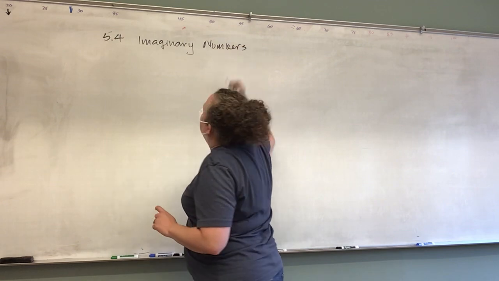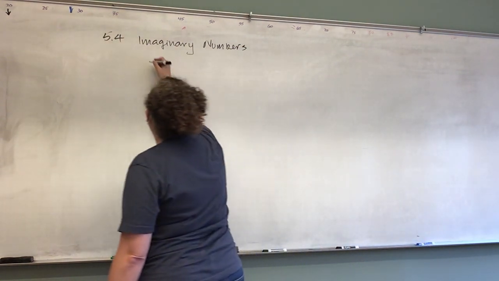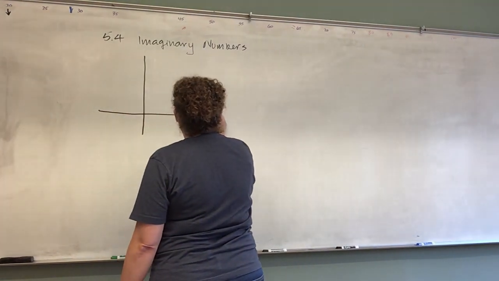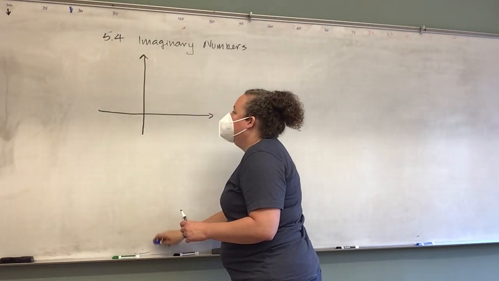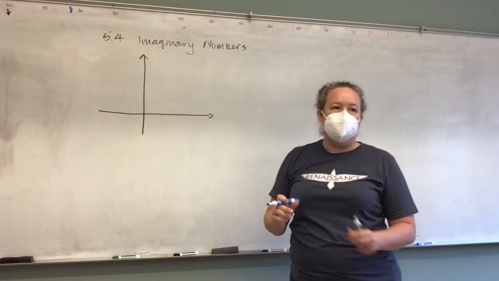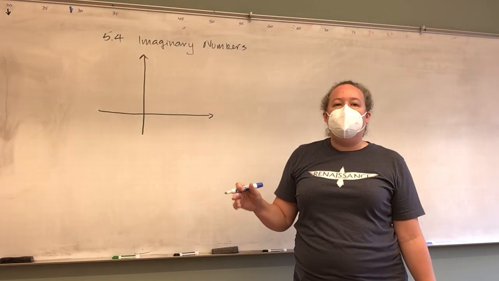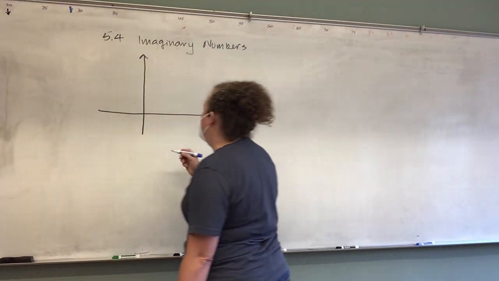Which is imaginary numbers. All right, and we're going to telegraph ahead a little bit. The reason why imaginary numbers come up in the chapter on quadratic equations is because we're going to need imaginary numbers in order to solve certain quadratic equations.